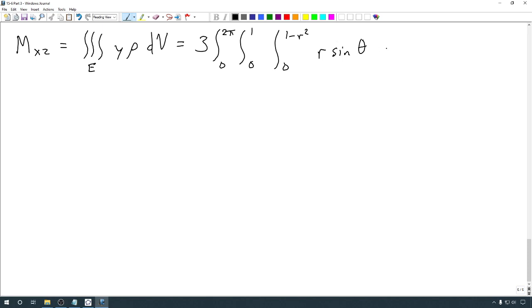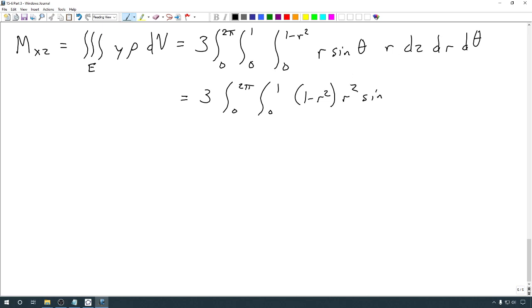We still have the r from our polar coordinates. I'm going to move that inside here. Integrating the z part, we have the 1 minus r squared that just gets multiplied in there. So we have a 3 times this integral. We have 1 minus r squared times 2 r's times sine.